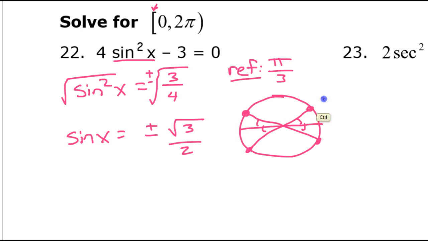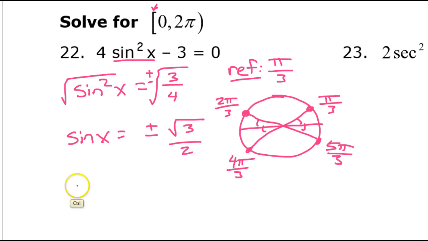Okay, and this one, of course, is pi over 3. Over here on the far left, pi is the same thing as 3 pi over 3. So that means this must be 2 pi over 3, 3 pi over 3, and this must be 4 pi over 3. All right, 2 pi is the same thing as 6 pi over 3, so this must be 5 pi over 3.